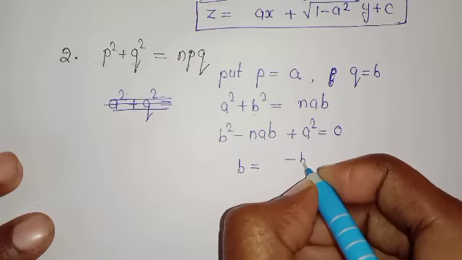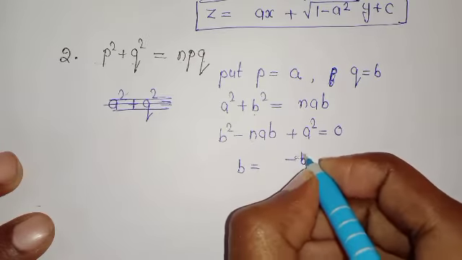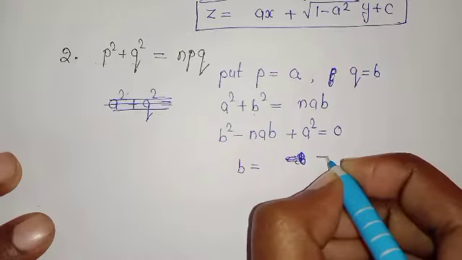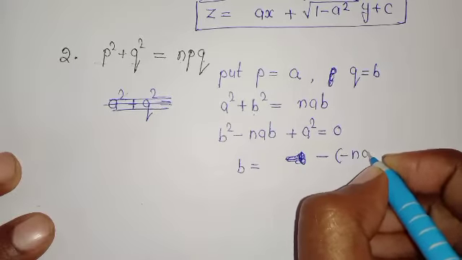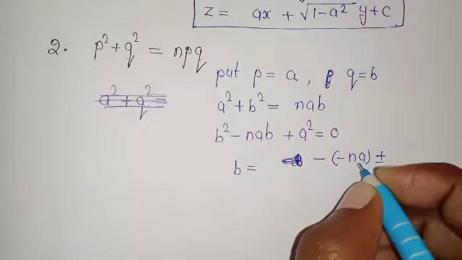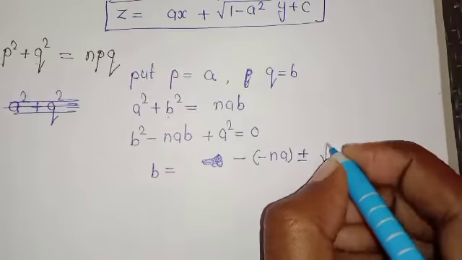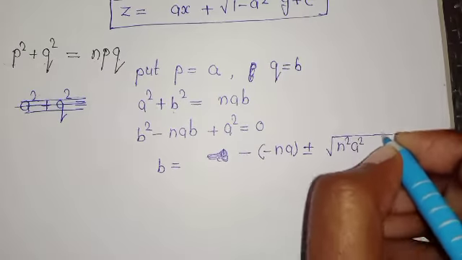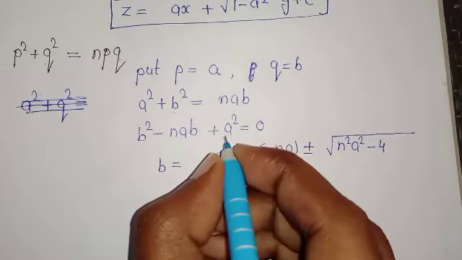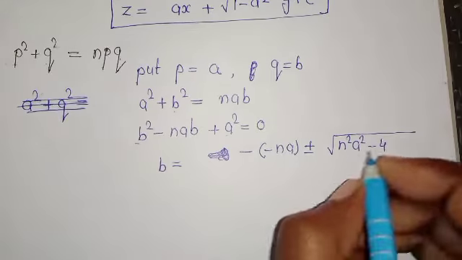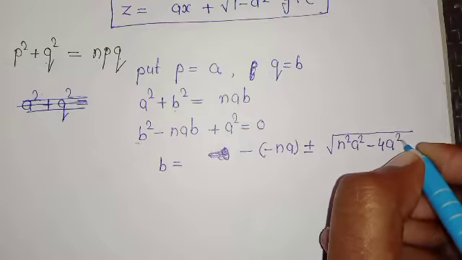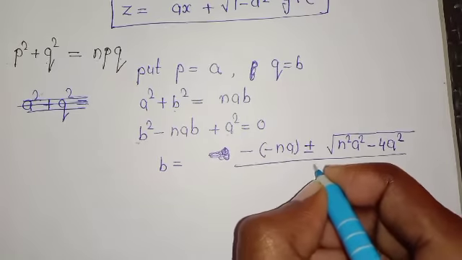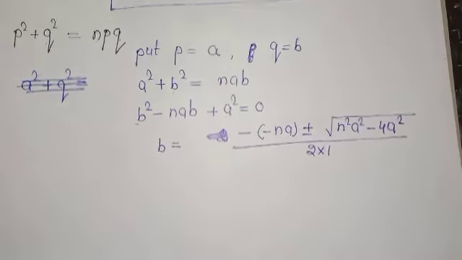minus B, that is minus Na. So we can write it as minus Na plus minus root of B square, that is N square A square, minus 4A, where A is 1 here and C is A square, upon 2 into 1.